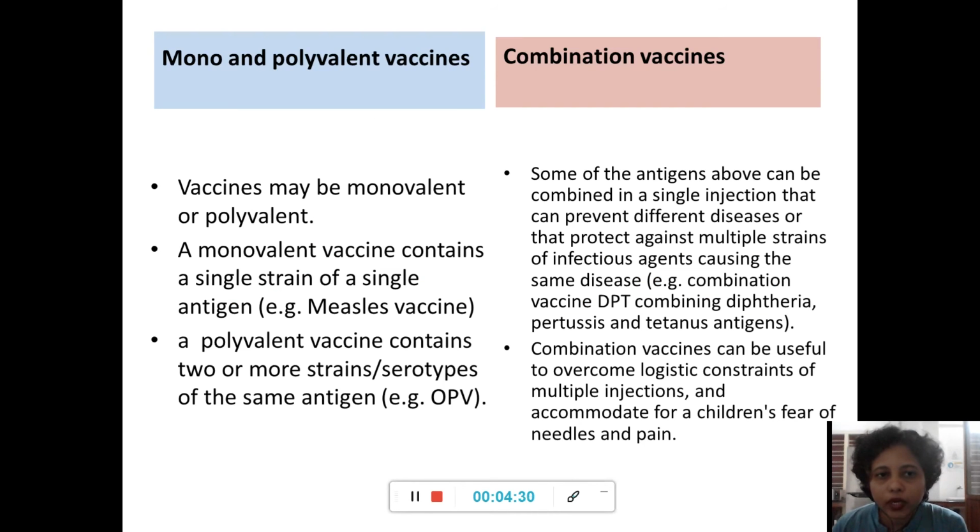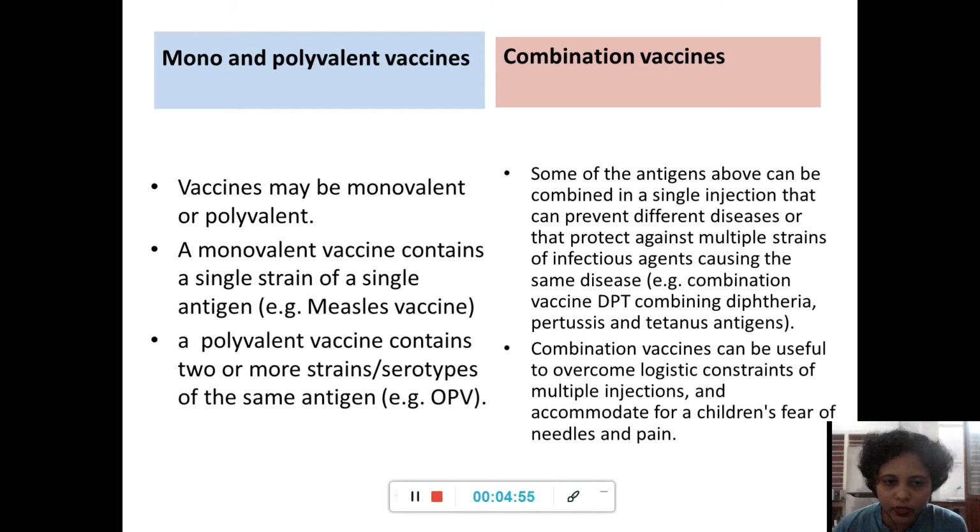Now, another term that we have to come across here is monovalent and polyvalent vaccines. These are all different types of vaccines. A monovalent vaccine contains a single strain or single antigen. In the case of the measles vaccine, the vaccine has been prepared using a single strain and a single antigen.